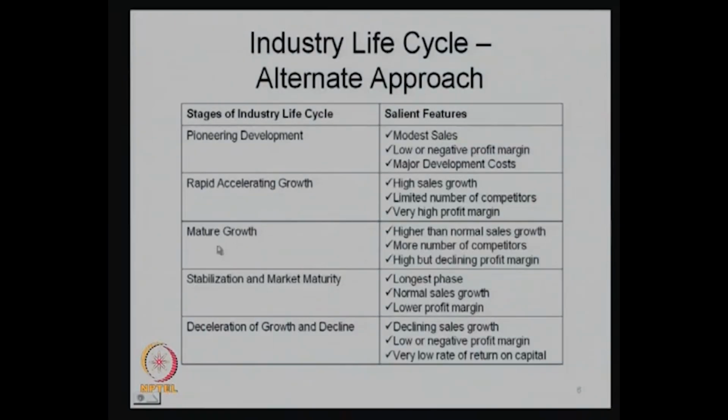Looking at the utility of this analysis, the analysts should look at those industries where a lot of growth opportunities are there, particularly before the mature growth, during the rapid accelerating growth. This is the time where one should enter that particular sector and invest, so that they have the best possible growth and profit margin, and reap the benefits of investing there.